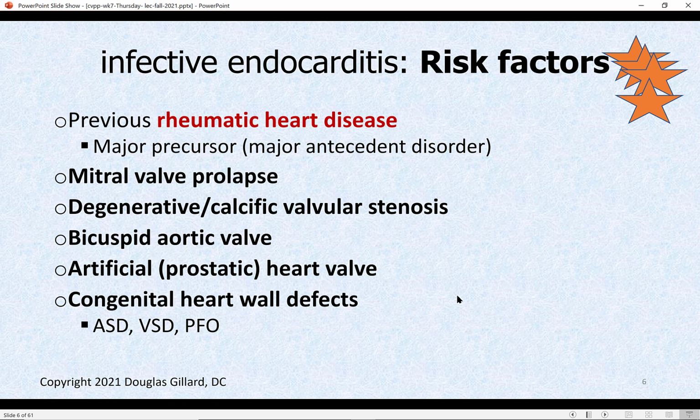What are the risk factors for infective endocarditis in general? Having rheumatic fever, which I don't think we'll get to, but I have a YouTube video on it. It usually comes on from strep throat.